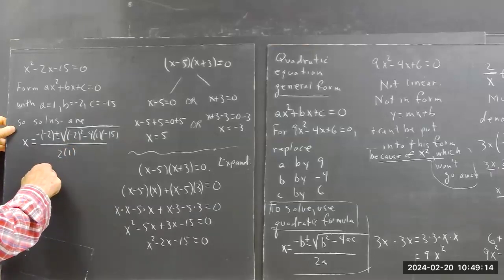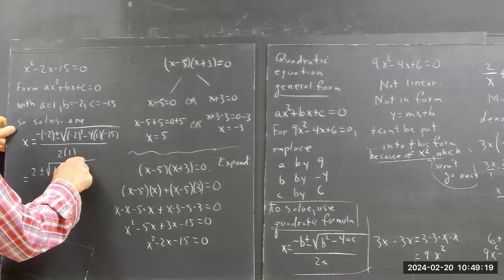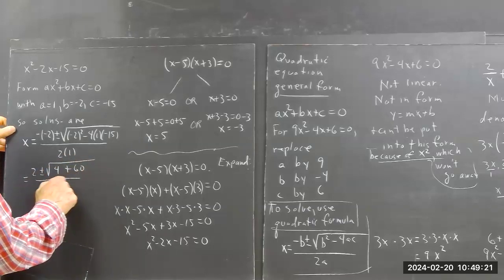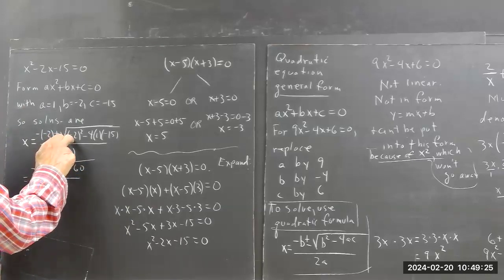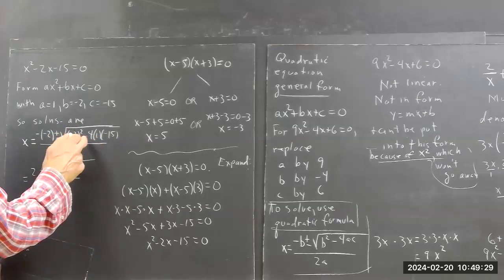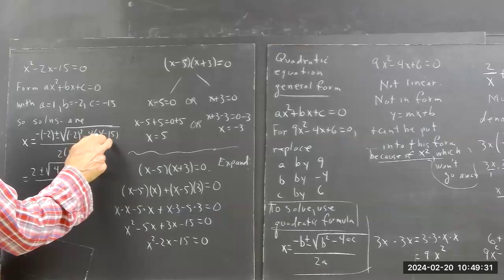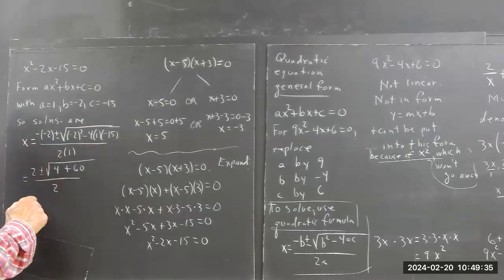Well, that's 2 plus or minus the square root of 4 plus 60, because squaring -2 gives you 4. 4 times 15 is 60. We got a negative here, so we get -60, but then we have a negative of that, which gives us a plus 60.